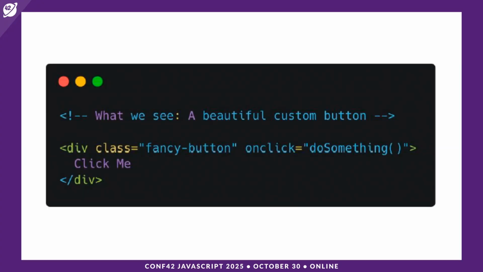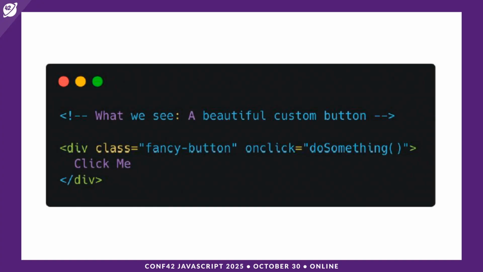What you can see here is a very simple "click me", which is designed to be a button using the div element. It has a class of fancy-button and an onclick to do something. It is written to look like a button.